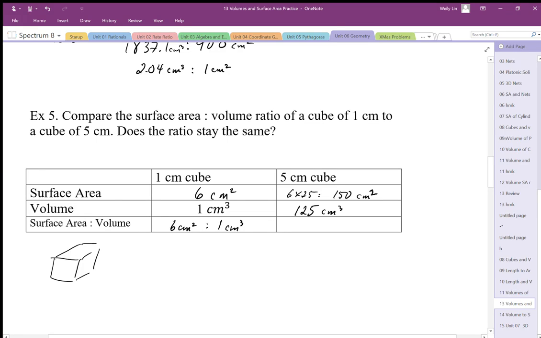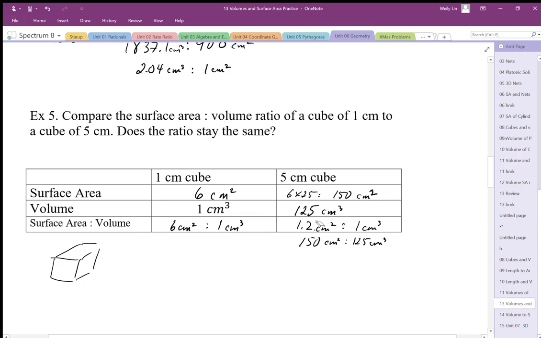And when I work out the ratio, I'm going to write it as 150 centimeter squares to 125 centimeter cubes. Okay, now if I want to compare it to the other one, it's easier to do it as a unit rate. So I'm going to do 150 divided by 125. My unit rate is 1.2. So I get 1.2 squares of surface for every 1 cube of volume.